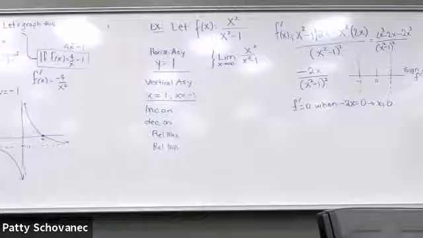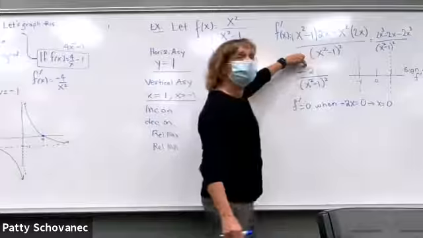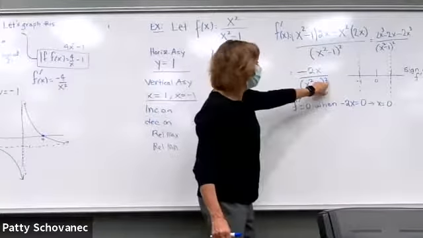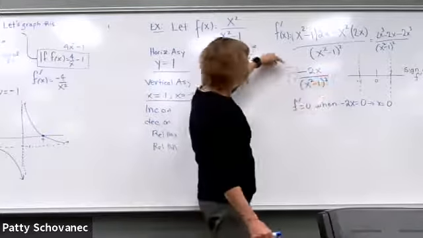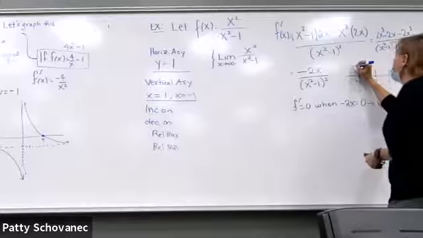So let's put in a -2. If x is -2, my numerator is positive. It doesn't matter because my denominator is squared, so the bottom's always positive. I said the top was going to be positive, so the whole fraction over here is positive.